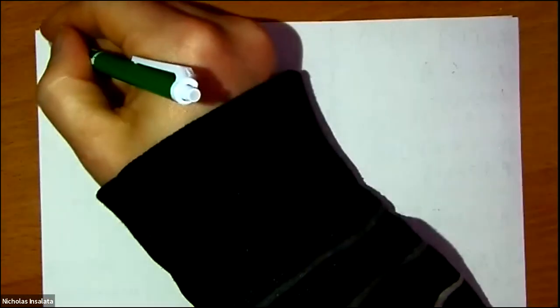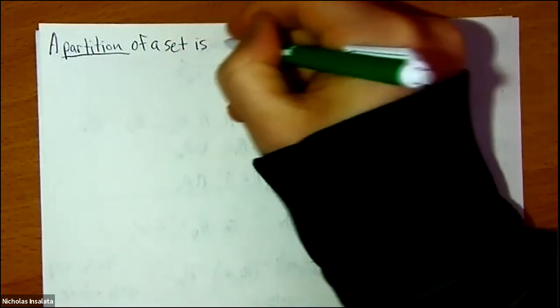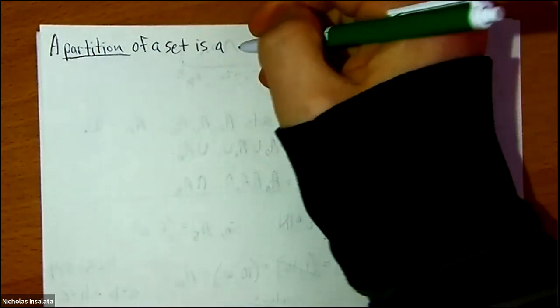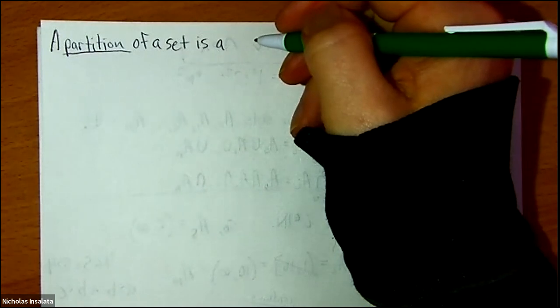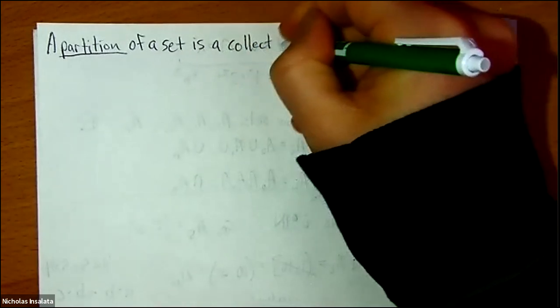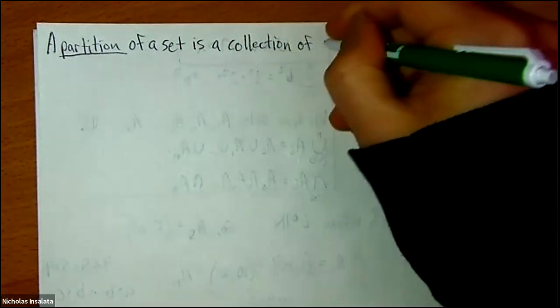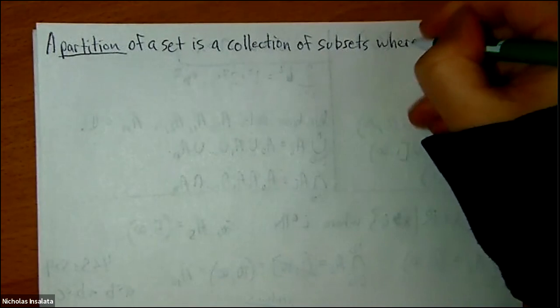So the last definition in this little run here is a partition. A partition of a set is a collection of subsets where two things happen.